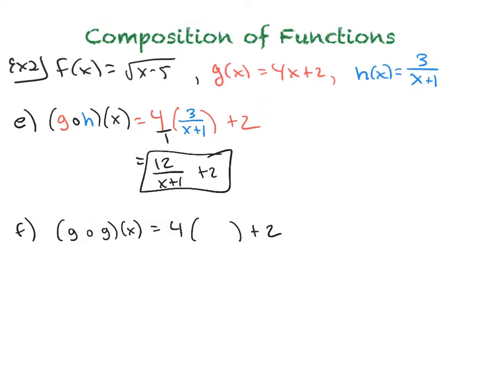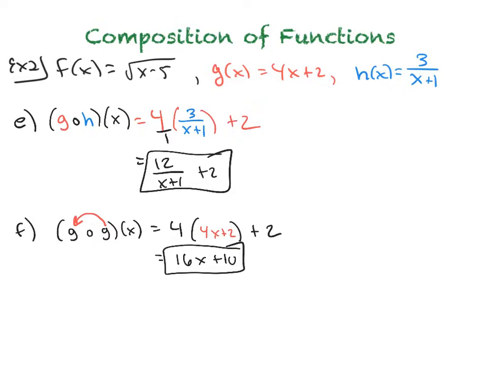And into those parentheses, I'm going to put the second function, which is also g, 4x plus 2. So I'm taking the second function and plugging it into the x's into the first function. And doing some simplifying, that's going to give me 16x plus 8. So 16x plus 10 when we add the 8 and the 2.